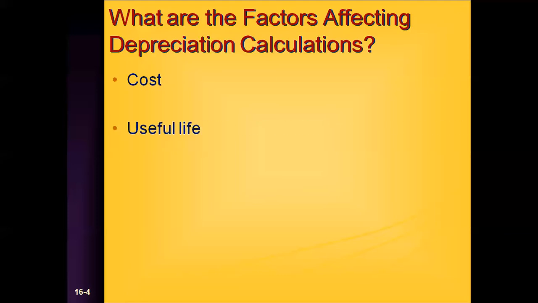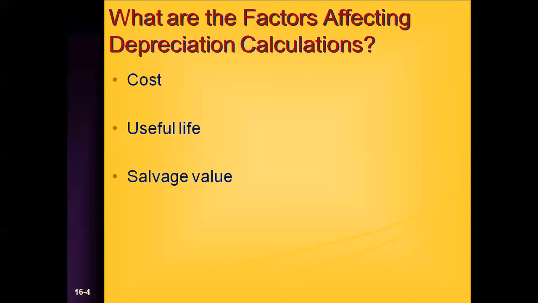Secondly is the useful life. You buy an asset, it's going to have a likely useful life, just like a car. You may buy a new car today, but the reality of it is, depending upon the type of car you buy, it might have a useful life of 10 years.